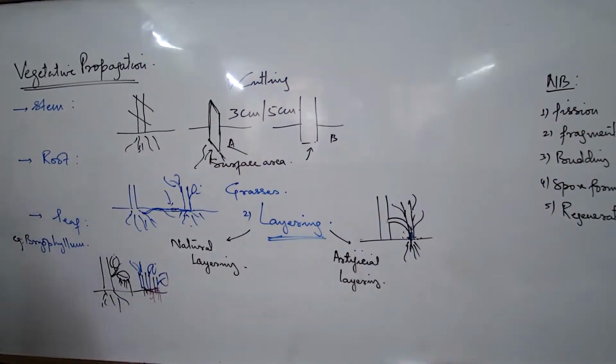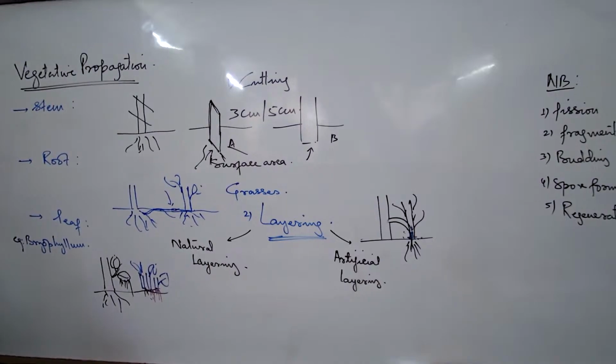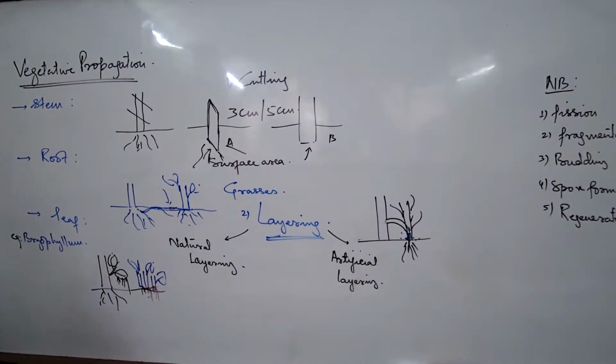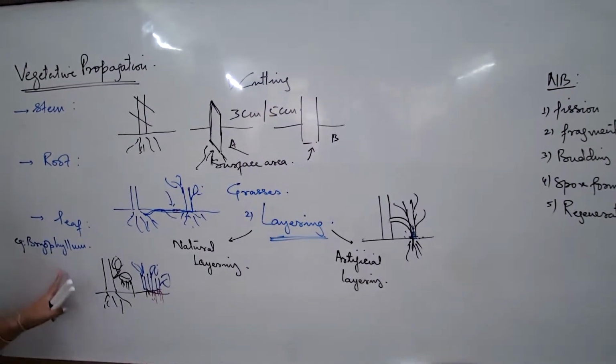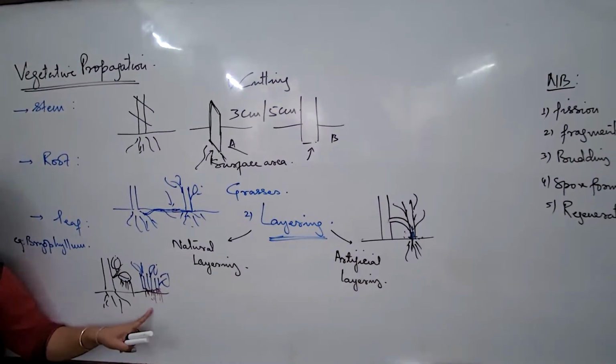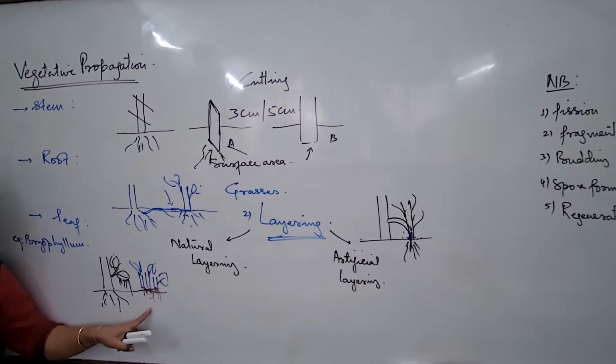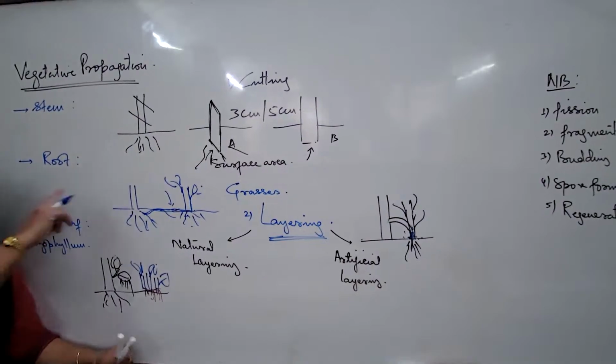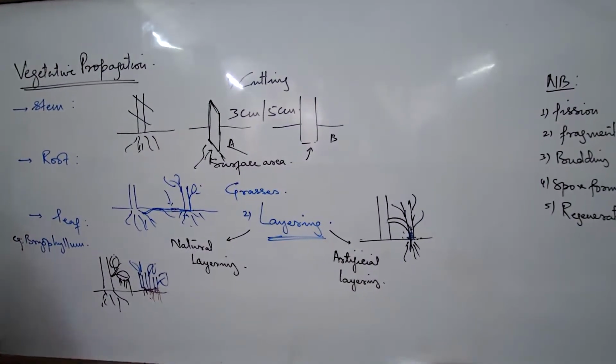This is what is known as budding, as in bryophyllum. Which example did I speak about? Bryophyllum, a concept known as budding. Again, what are we getting? A large number of plants in a short period of time. In all the three methods that I speak of, what is the advantage?